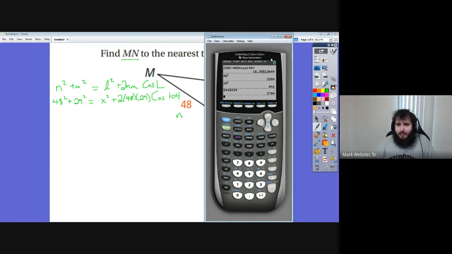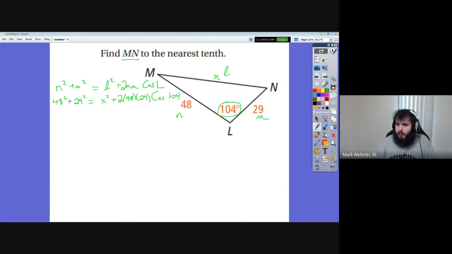All right, so now I've got my numbers. That'll allow me to simplify everything out a lot. So 48 squared is 2,304. 29 squared is 841. These three numbers make 2,784.